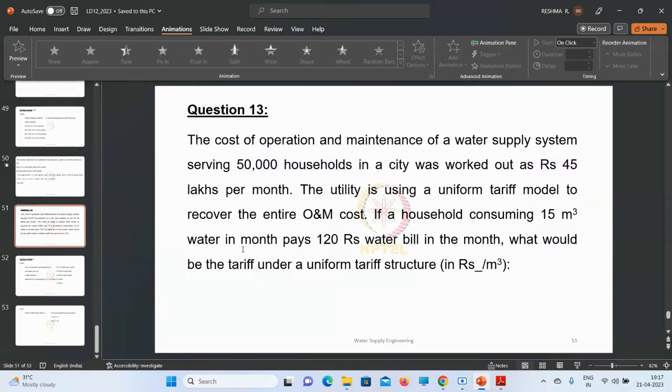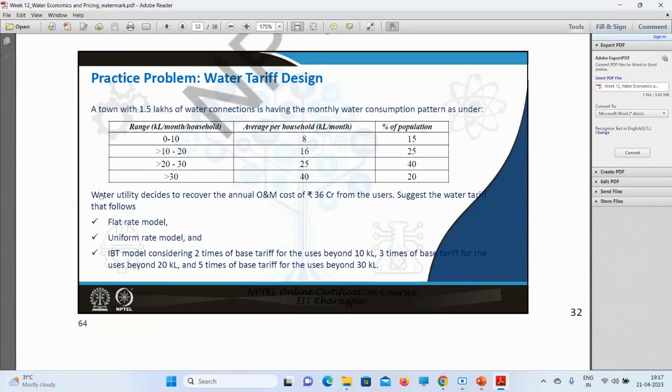It's not about the amount that is being recovered, but in this problem it is clearly mentioned that the water utility is deciding to recover the annual operation and maintenance cost of this particular amount from the users. So the agency is deciding that we have spent 36 crore on operation and maintenance cost annually. Now we'll recover that amount, replacing the expenditure by collecting an amount from the users.